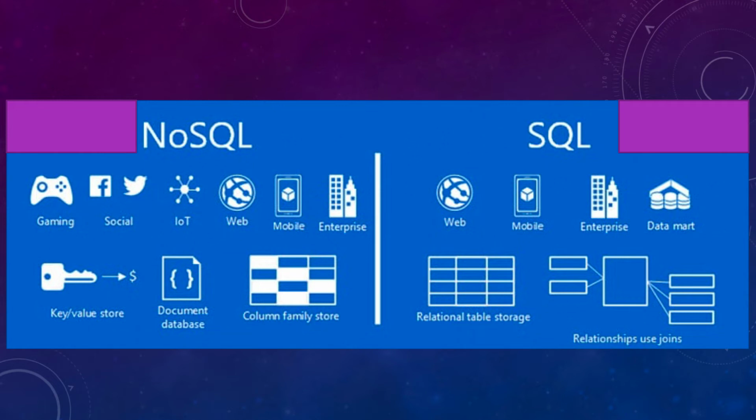SQL databases are primarily called relational databases or RDBMS, whereas NoSQL databases are primarily called non-relational or distributed databases. Also, SQL databases are table-based databases, whereas NoSQL databases are document-based, key value pairs, graph databases, or wide column stores.